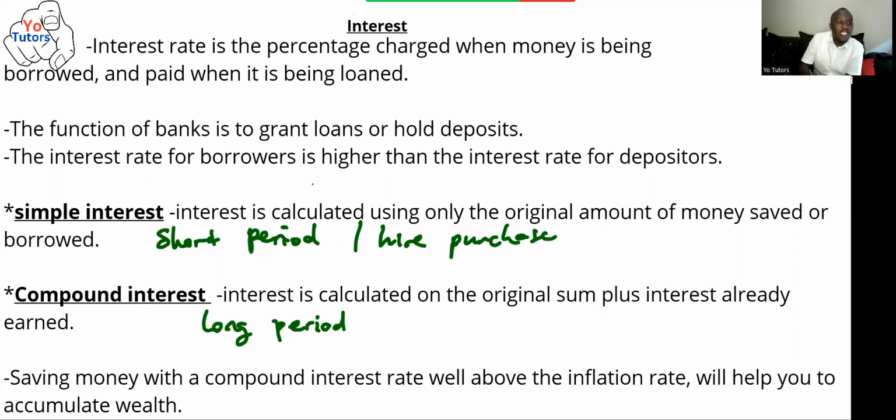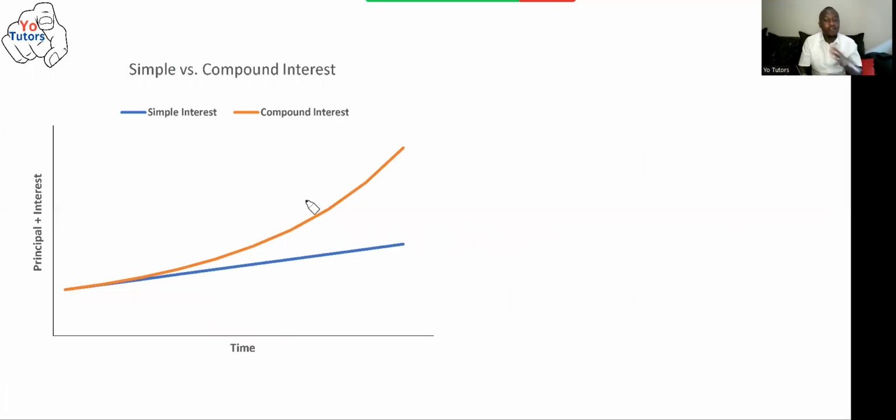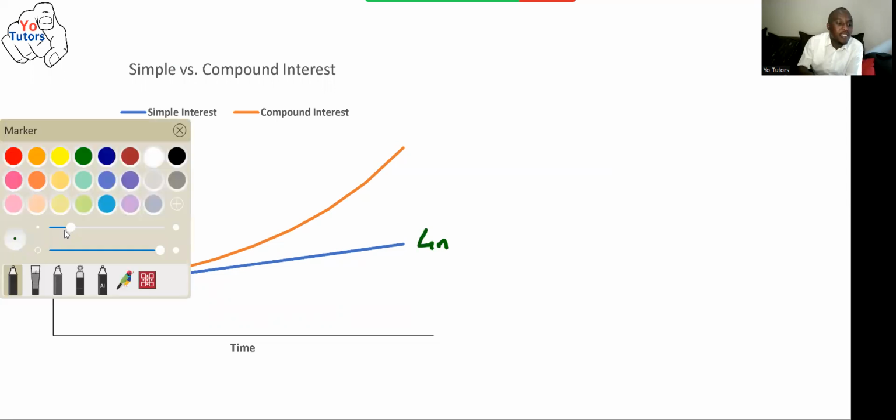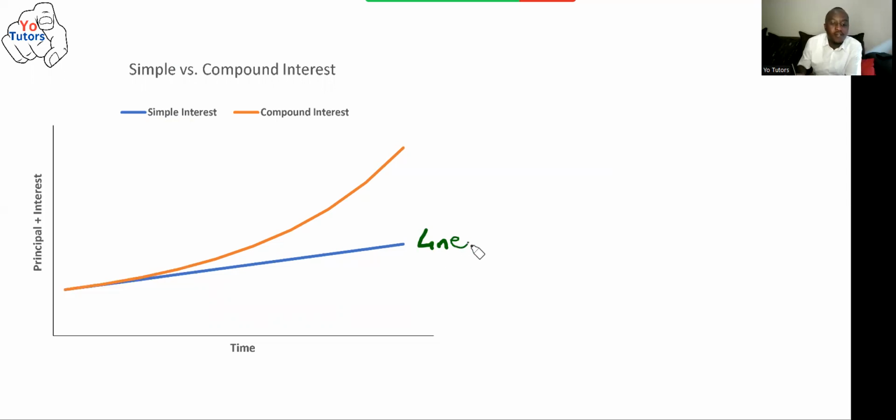Let's understand this in terms of graphs. Compound interest is charged on the accumulated amount, and simple interest is charged on the original amount. So the value of simple interest is the same each time, which is why we have linear growth.